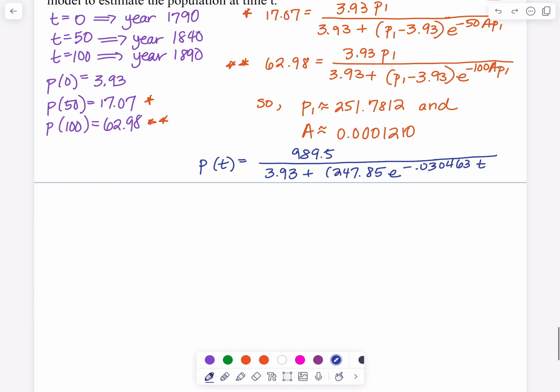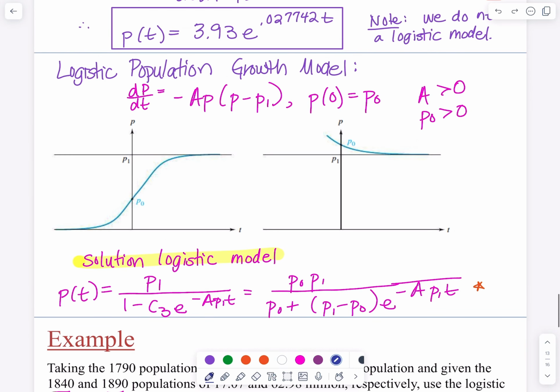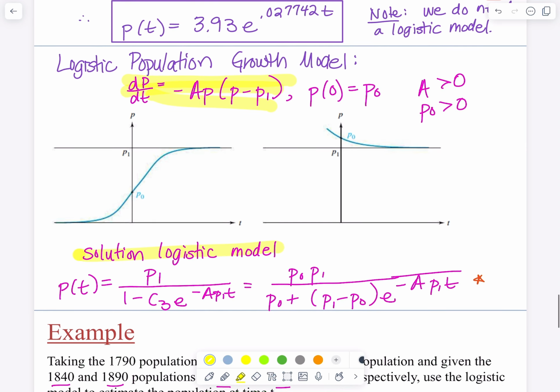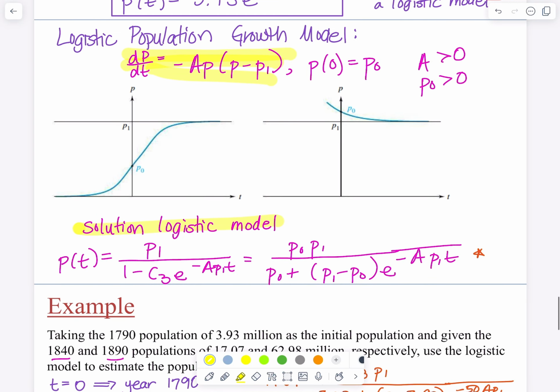Now, we want to make note of a few things. In this equation here, we are able to see that the logistic model predicts a linear relationship between dP/dt divided by P and P. Let's go ahead and look at that here.